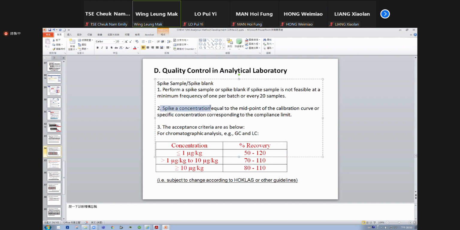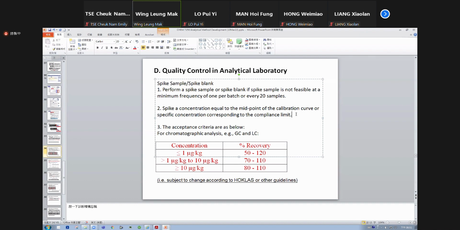The spike concentration, normally we will set up at the midpoint of the calibration curve. If I set it very high, near the top, the highest calibration point, it will be easy for the analytical result to be out of the highest point.